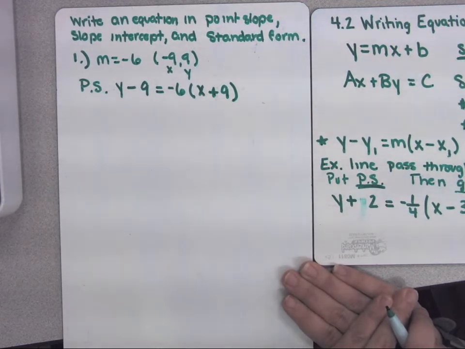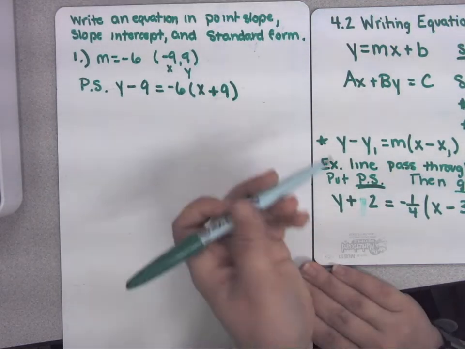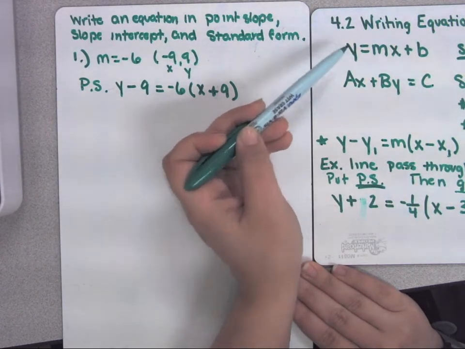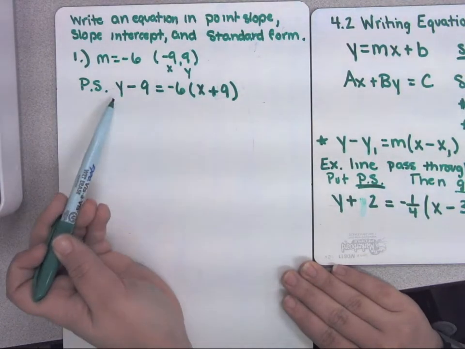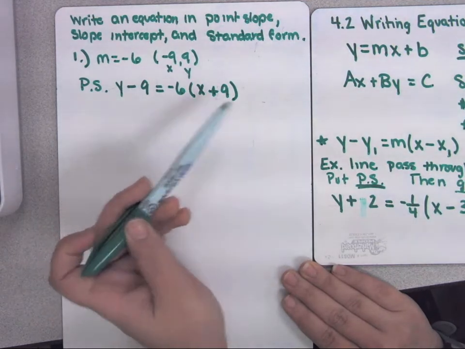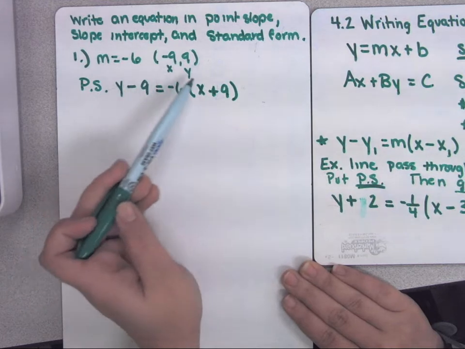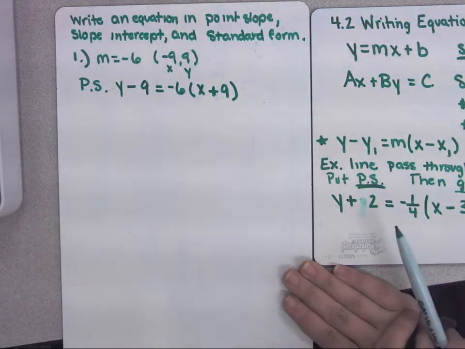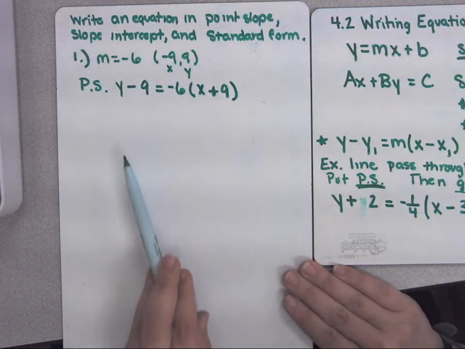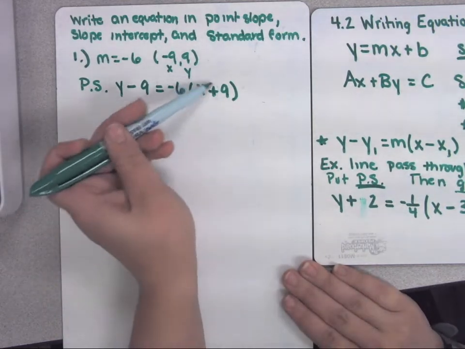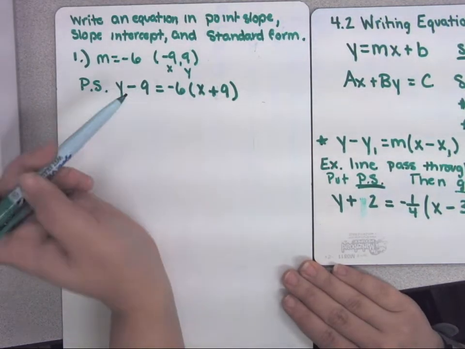Part 2, slope-intercept form. Slope-intercept form has y by itself. And this equation is y by itself, and it's simplified. So we need to do two different things to make point slope into slope intercept. What do you think we need to do first? We got some stuff going on here, and then y is not alone.